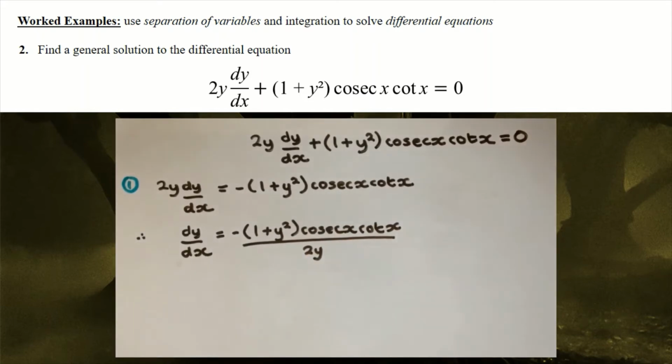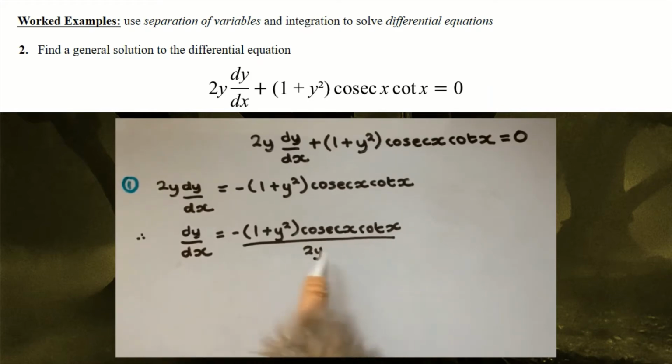Now this is the redundant step because there was actually no need to divide by 2y. You may have seen this already if you've looked ahead or you've had a go at it yourself. Dividing by 2y does nothing because we are going to have to make the y variable on the left and the x variable on the right.